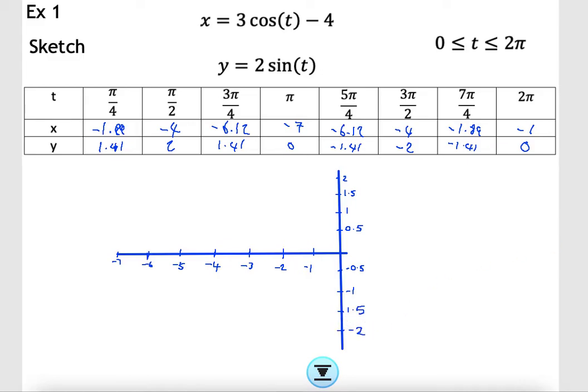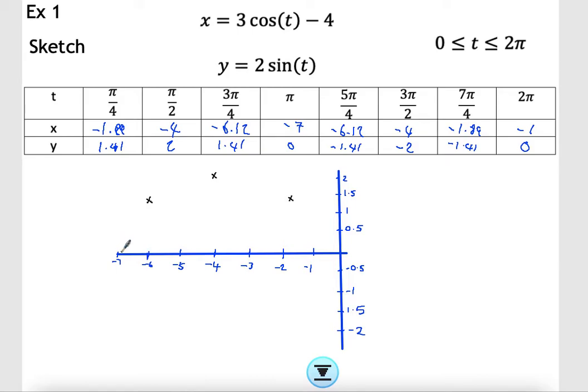Okay, so the next thing we've got to do is actually plot these coordinates. So negative 1.89 and 1.41, so about here. Negative 4 and 2 should be a little easier. Negative 6 and 1.41, so it's going to be level with this one.